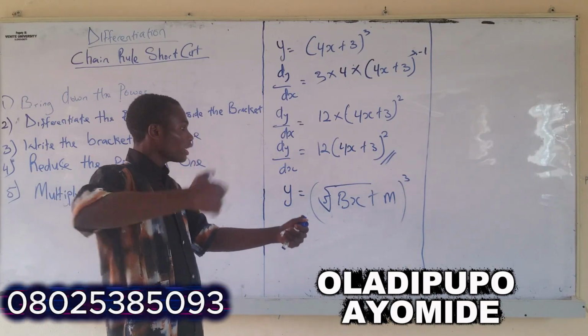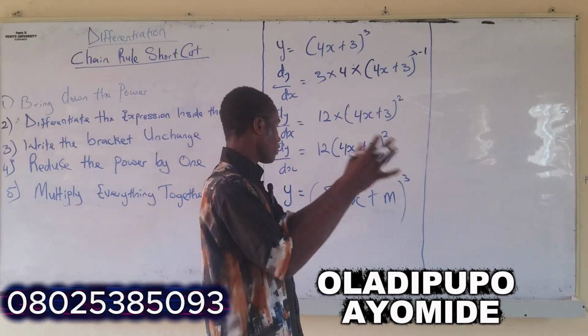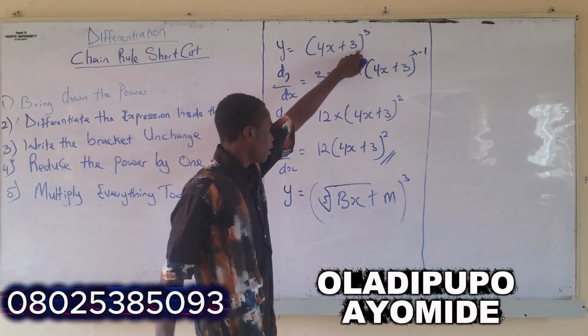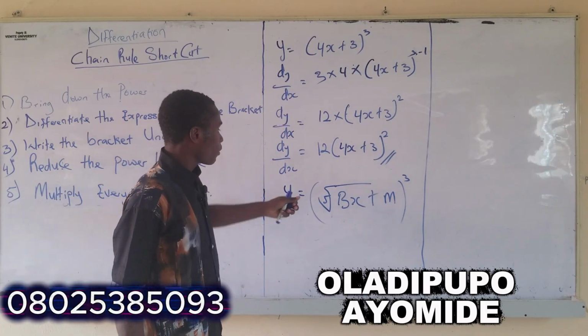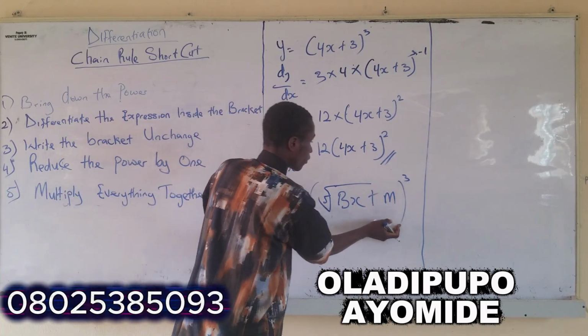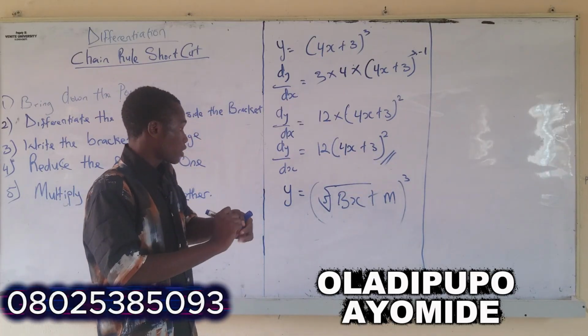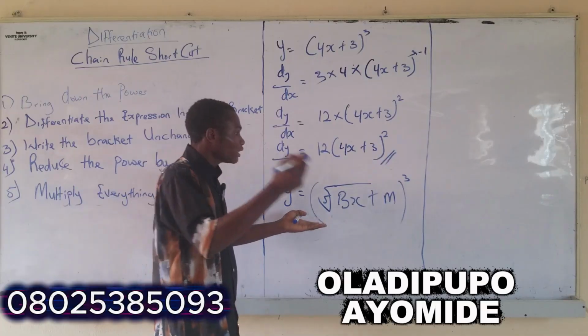In this case, what we do is make it in the form of index. Whenever I give you questions in this form, first we need to make it in the form of index.